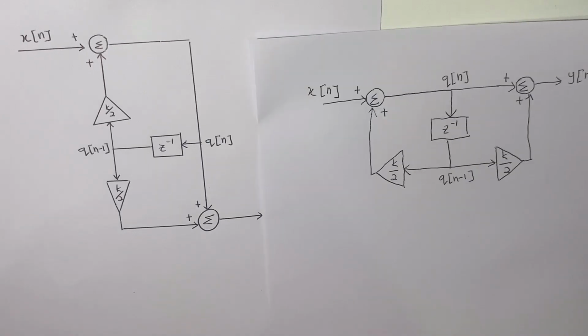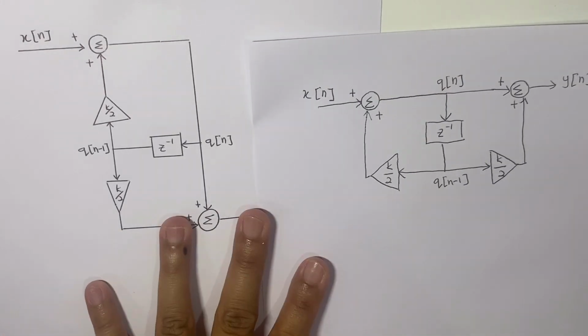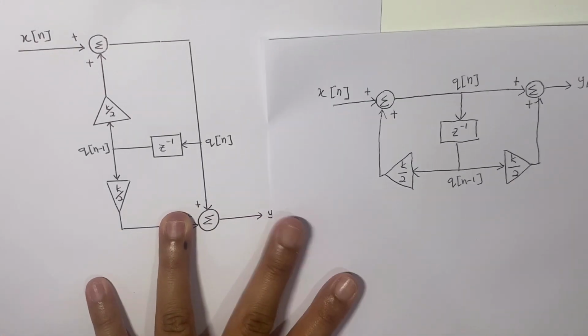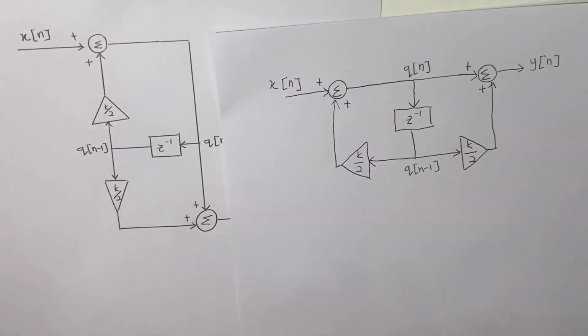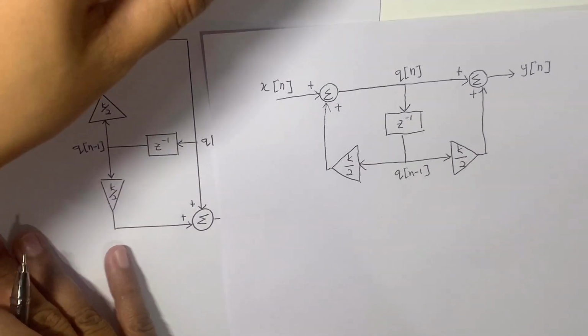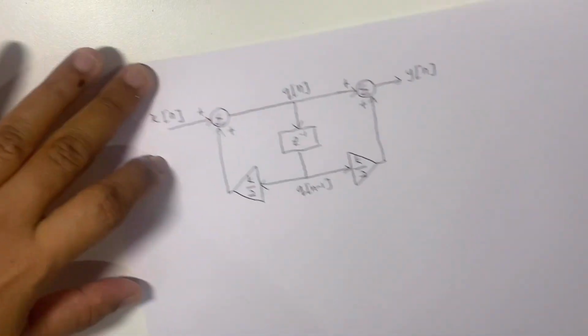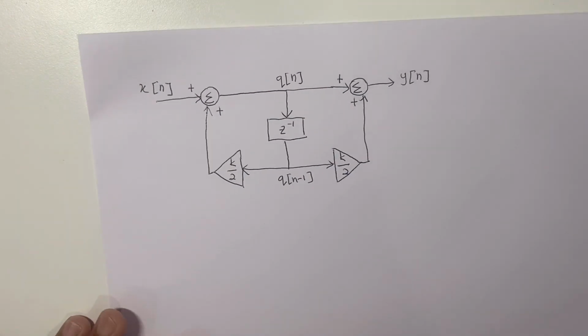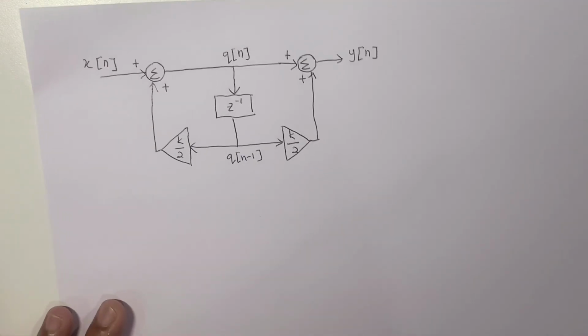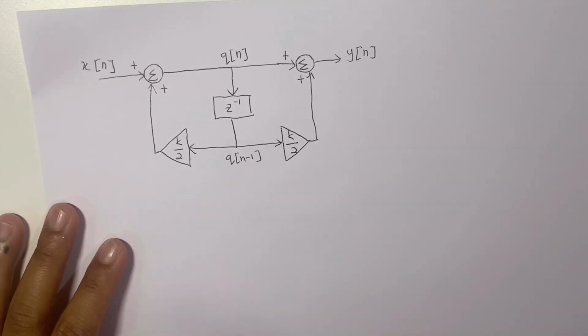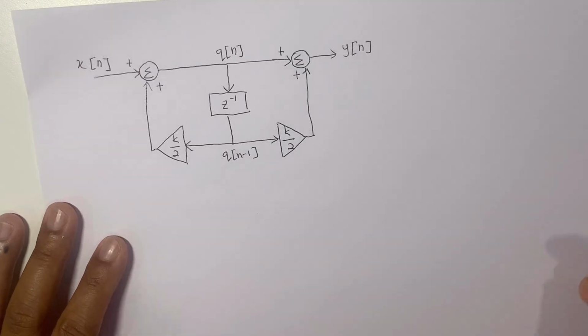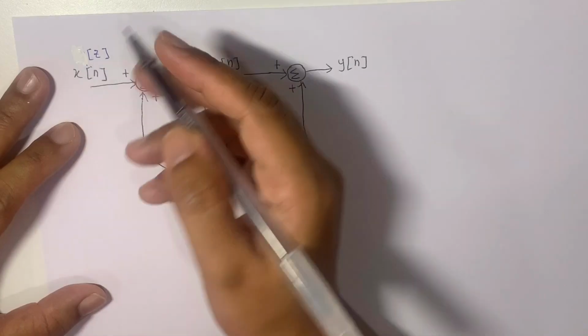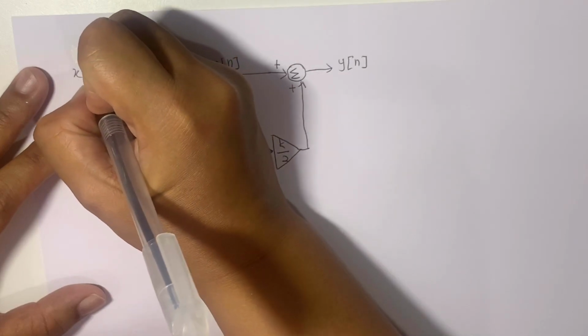So both drawings are the same actually. So I will put this one aside. How do you find the transfer function of this figure? Firstly, change this x[n] to X(z). So this is X(z).